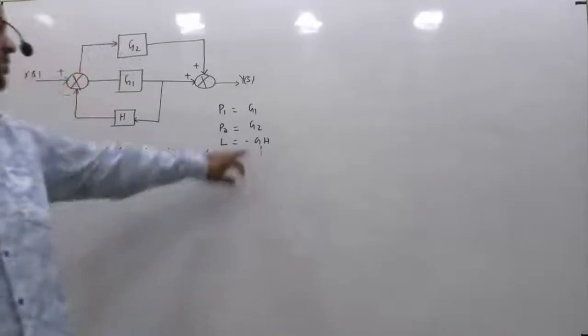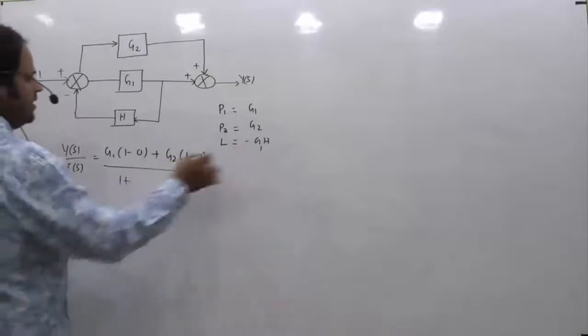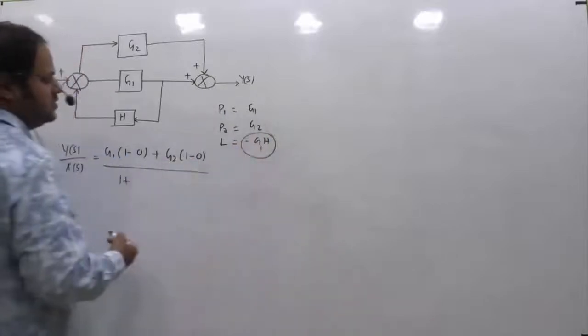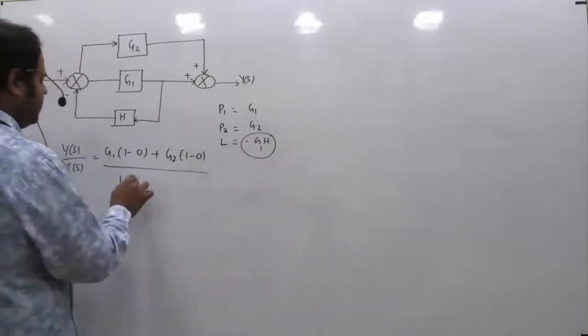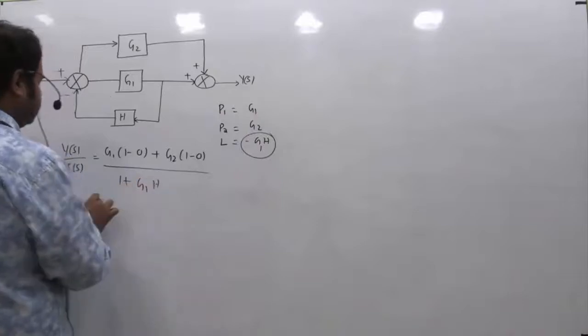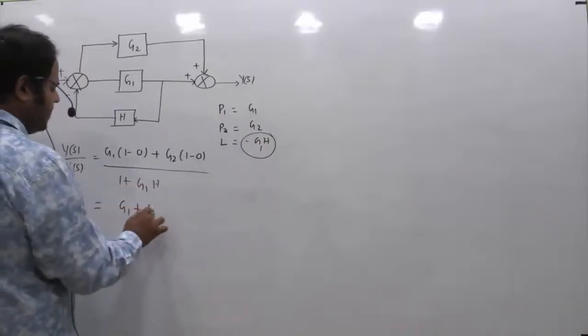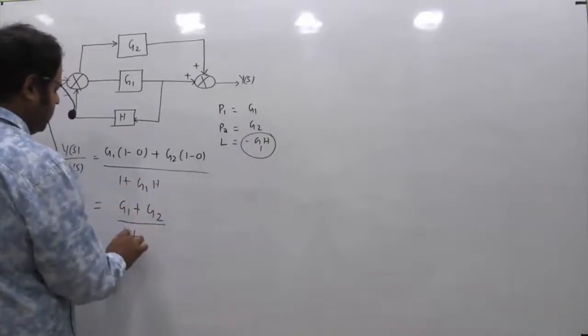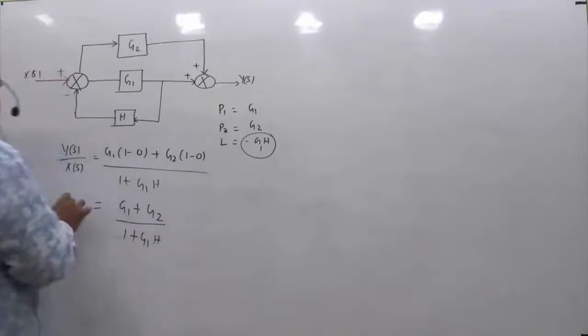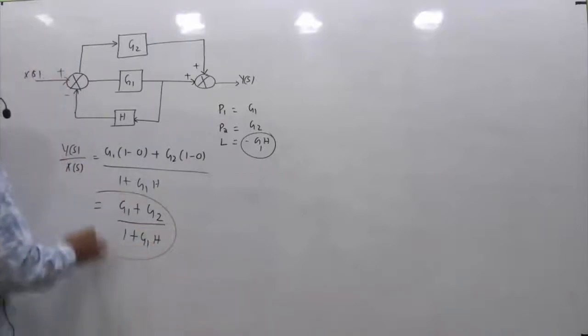The loop gain is minus G1H, so the opposite sign will be G1H. So the final answer is (G1 plus G2) divided by (1 plus G1H). This is the transfer function Y(s)/X(s).